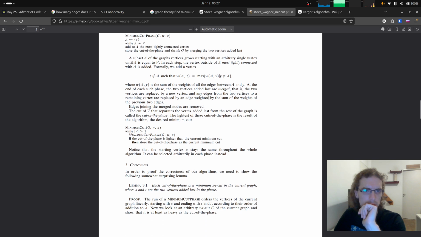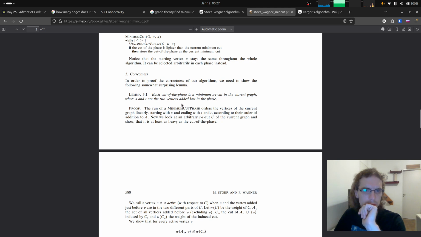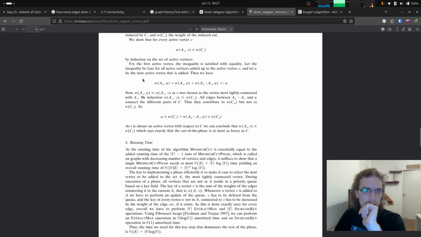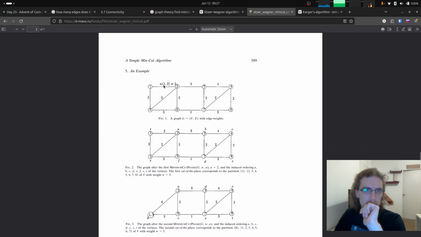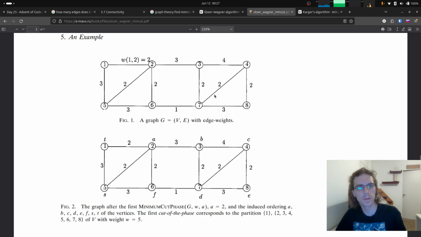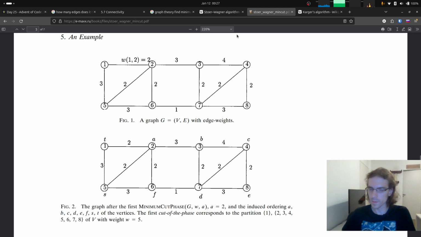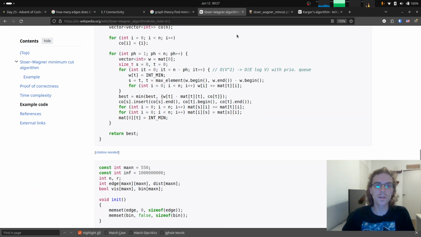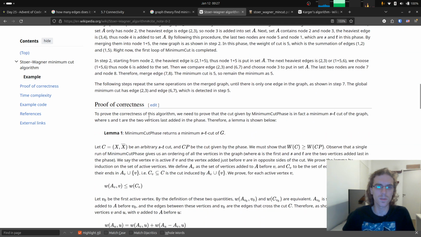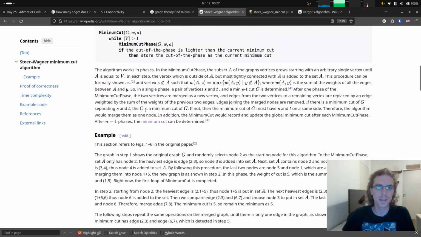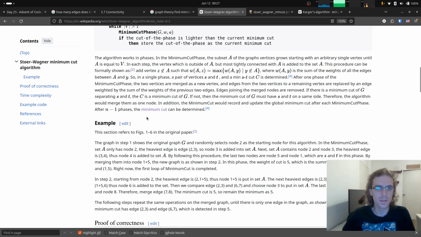So all of this is from a paper. Correctness and a simple example, figure A. Beautiful, okay, so we have the paper, great. And we have the Wikipedia article, which I don't know if it is just pieces from the paper. Why would I read this instead of reading the paper?